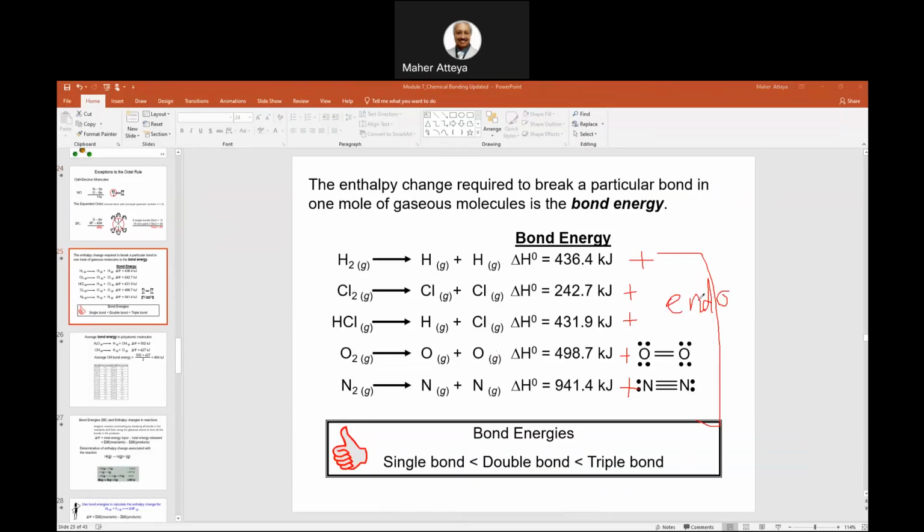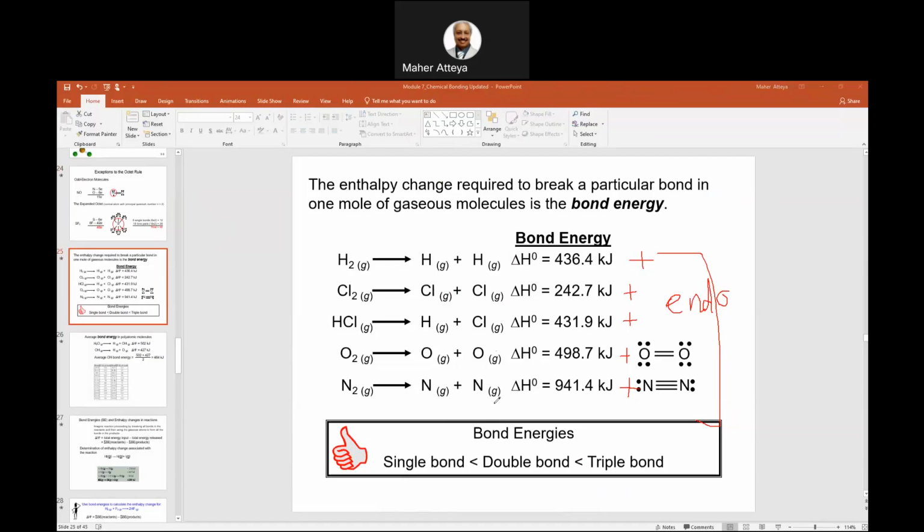That's the amount of energy you add to a hydrogen molecule to break it into 2 hydrogen atoms, or a chlorine molecule into 2 chlorine atoms, HCl into an H atom and a Cl atom, oxygen into 2 separate atoms of oxygen, nitrogen into 2 separate nitrogen atoms.